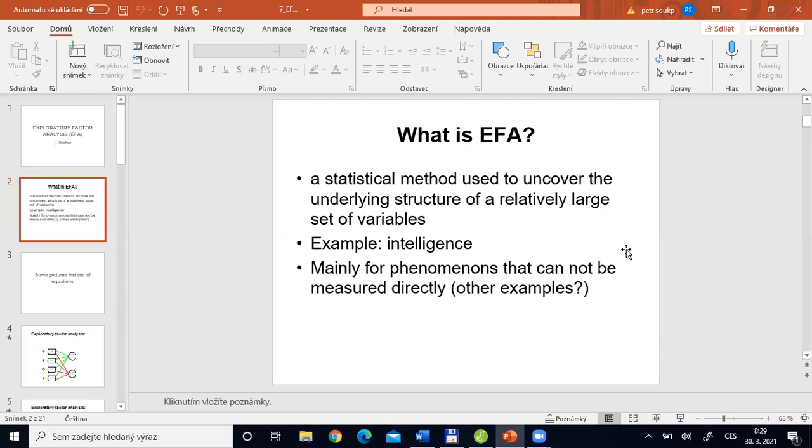I would maybe add, for your information, that two disciplines use these indirect measurements most commonly, mainly psychology, as we discussed, and also educational science. I would mention only some of these for you to know.